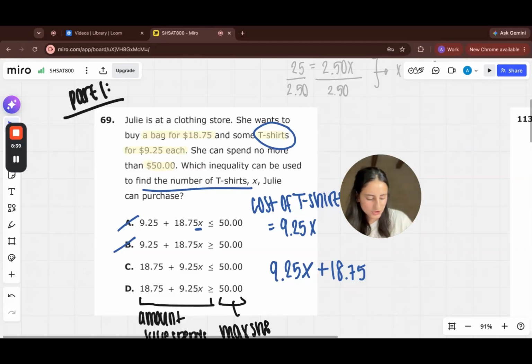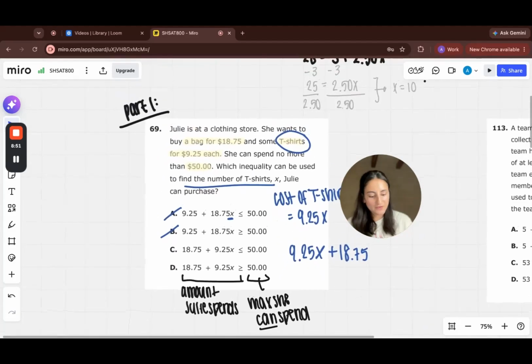She can't go over $50, which means that the amount Julie spends should be less than or equal to the maximum amount that she can spend. Oh, I realize you can't even see it. So knowing that, we know that C is the correct answer, because it means that the amount Julie spends between the bag and how many shirts she gets for $9.25 each is less than or equal to $50.